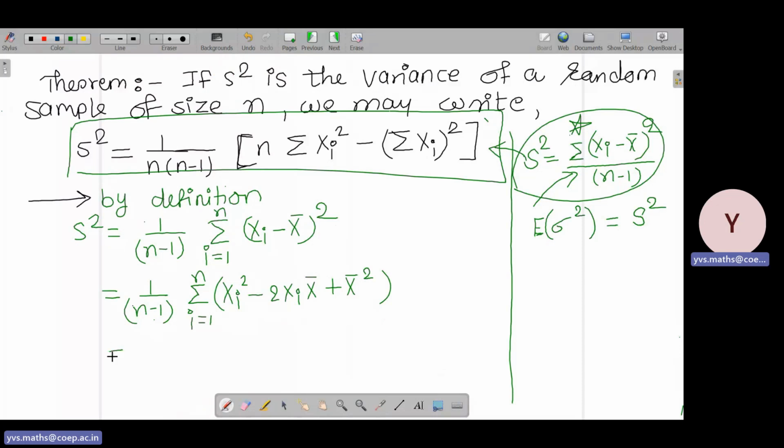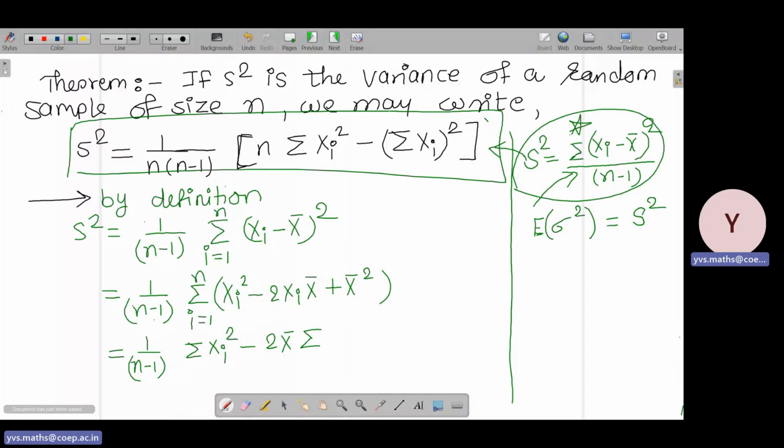Now I will attach the sigma summation sign with all the terms that depend on i. X bar is independent of i, since the index variable is i, so we can write it outside the sigma summation sign.